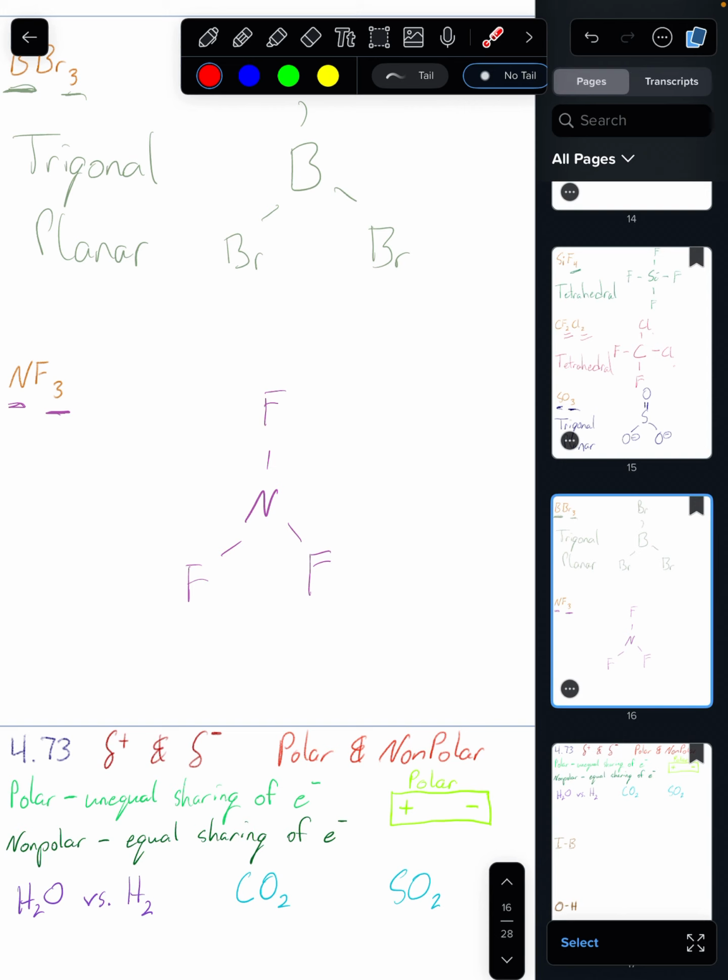And it's 7. And it's 7. So the fluorine's happy. But our nitrogen here doesn't. A nitrogen has 5. So if it has 5, we have the 1, 2, 3. Then we know 4, 5.